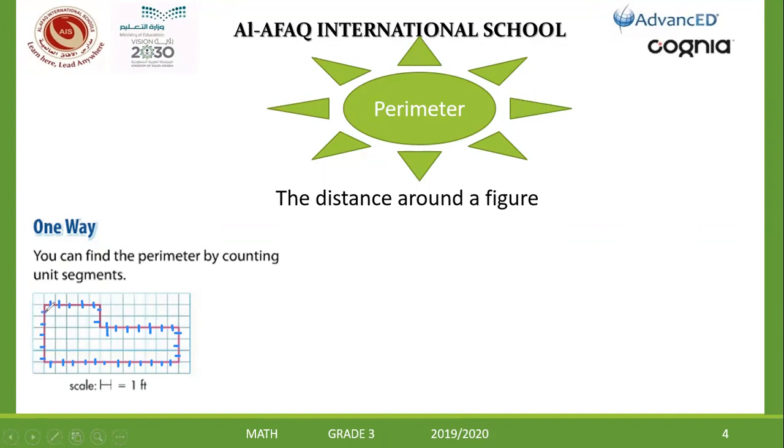So by counting all the unit segments around the shape, there are 34.